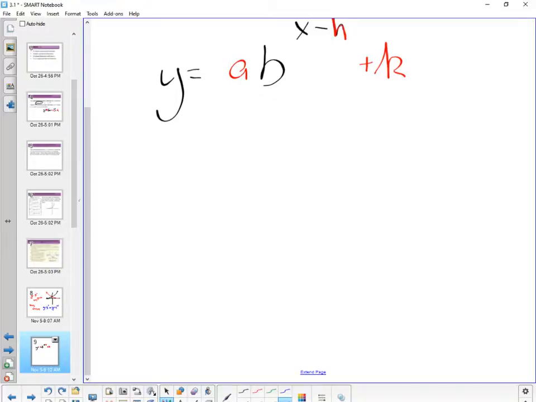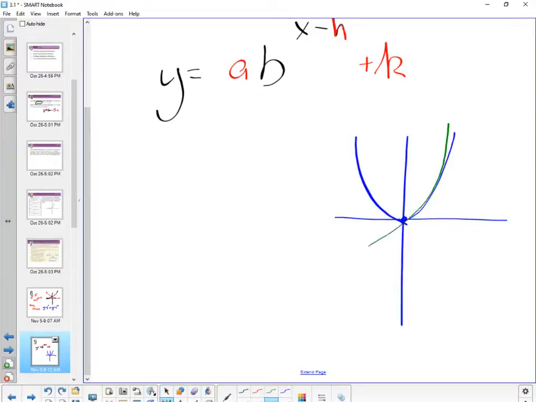How do I explain this? Before, we used to track the point 0, 0, almost always. Whether it was a parabola or a cubic function, we would track the point 0, 0, because that was kind of the center of it, the important part that remained consistent. Even with absolute value, that would be the same thing.